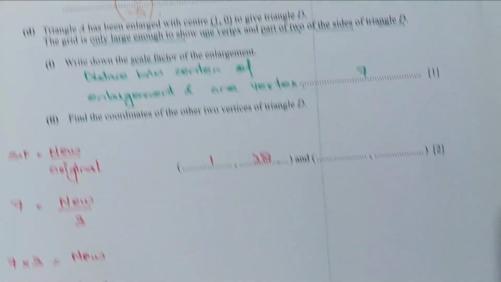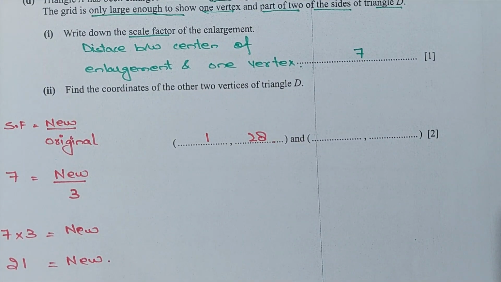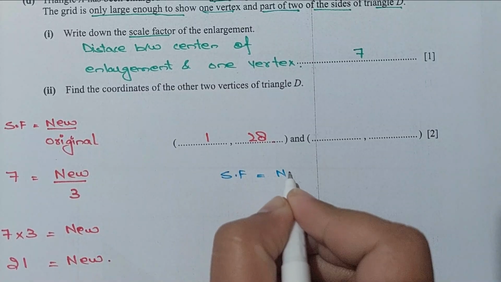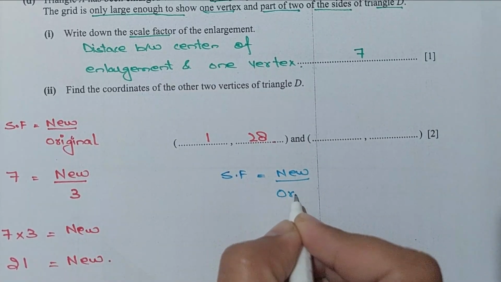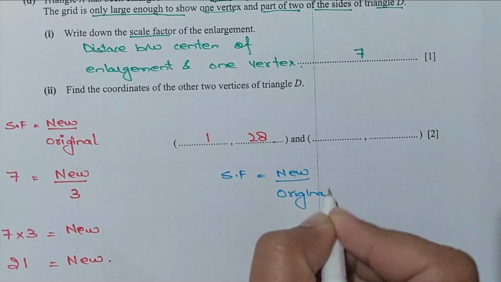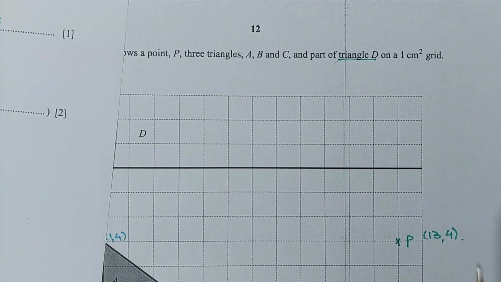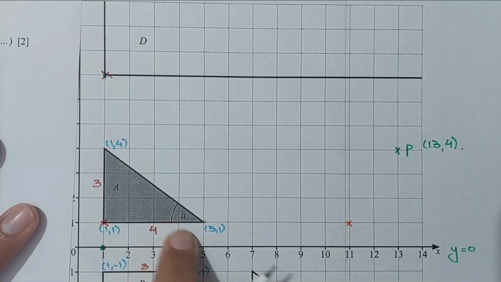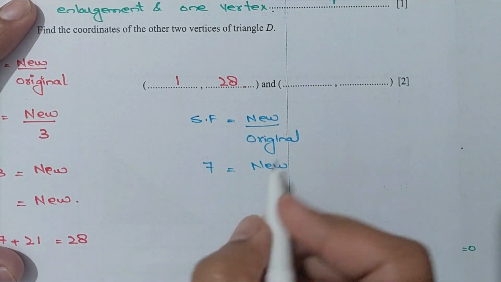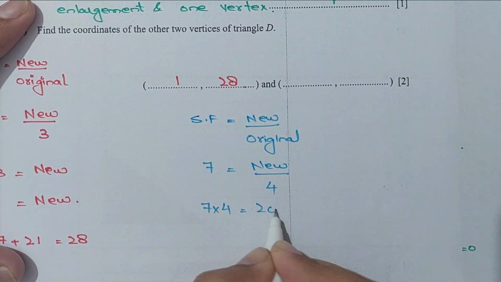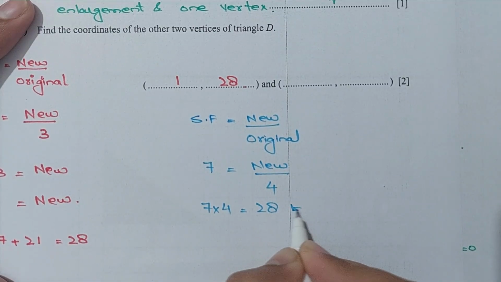Again, using the scale factor, we can say the scale factor is also new over the original. The other side we are taking now. Scale factor is 7. We don't know the new, and the original from here is 1, 2, 3, and 4 units, right? This is 4 units. So 7 times 4 is 28, which is the new.